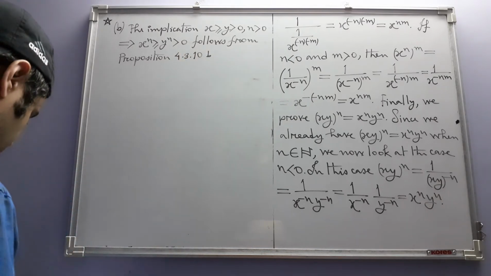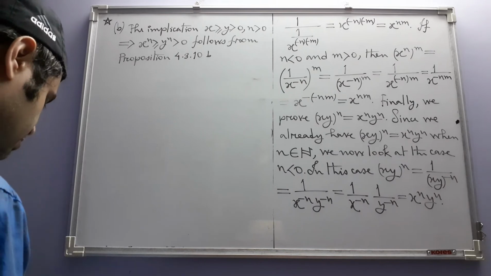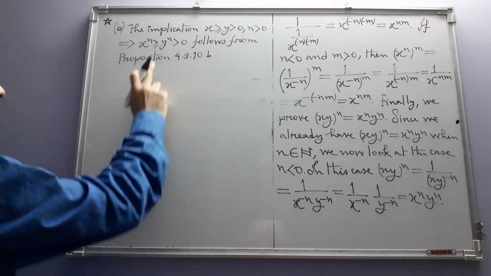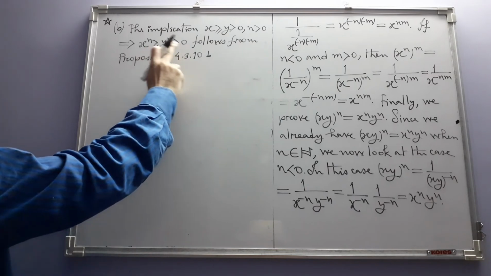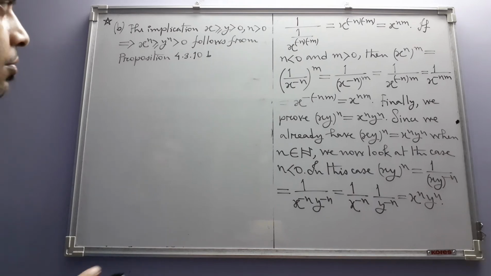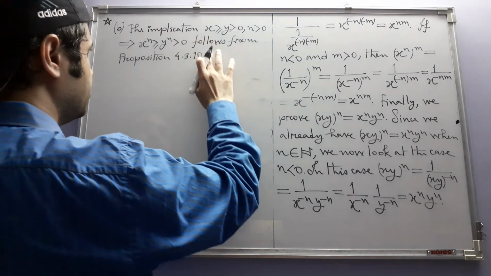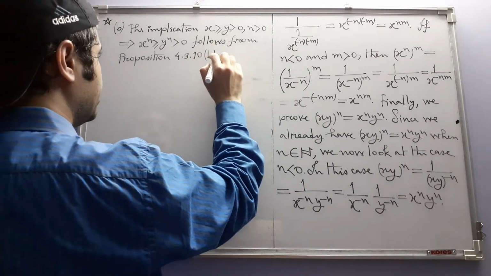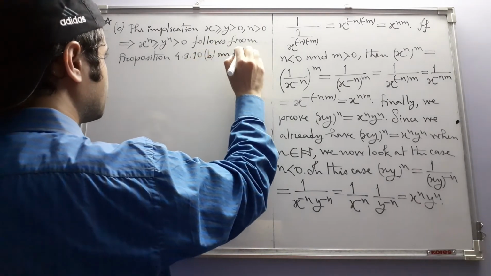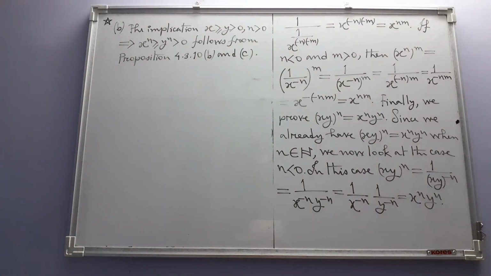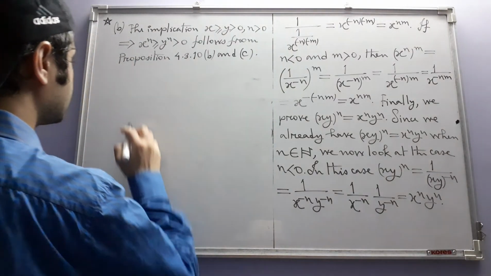No, not in B. There in C we have, okay, we need B also, however, to conclude that y to the power n is not equal to 0, because y is not equal to 0. B and C. So we just have to look at the negative case.